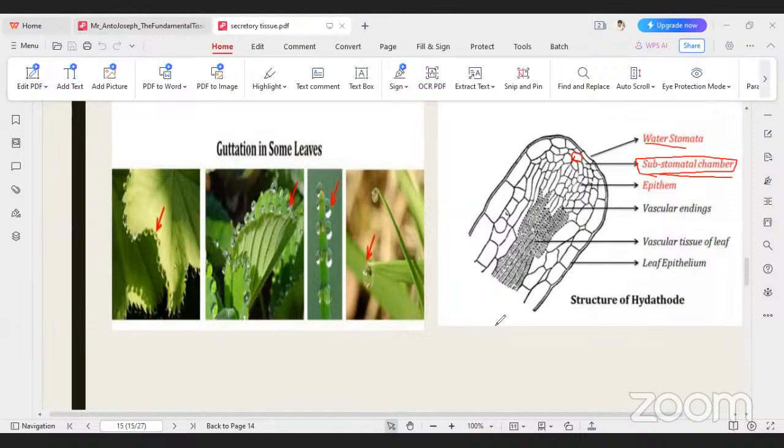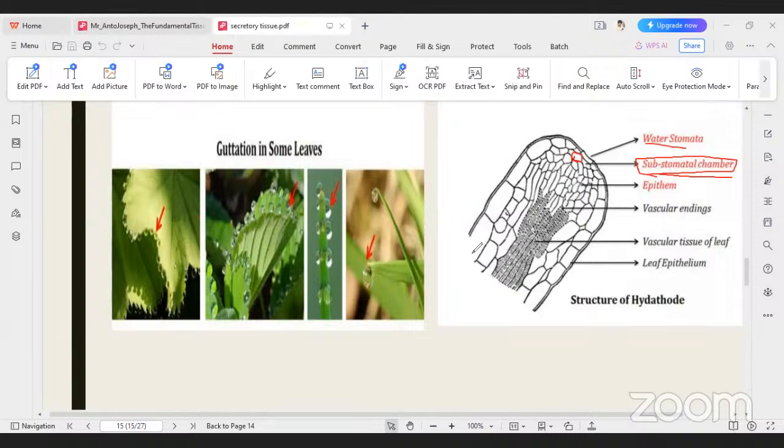Water droplets. And if the plants are very large, your shirt and clothes will also be wet. The reason is guttation. Due to guttation, water is released out.